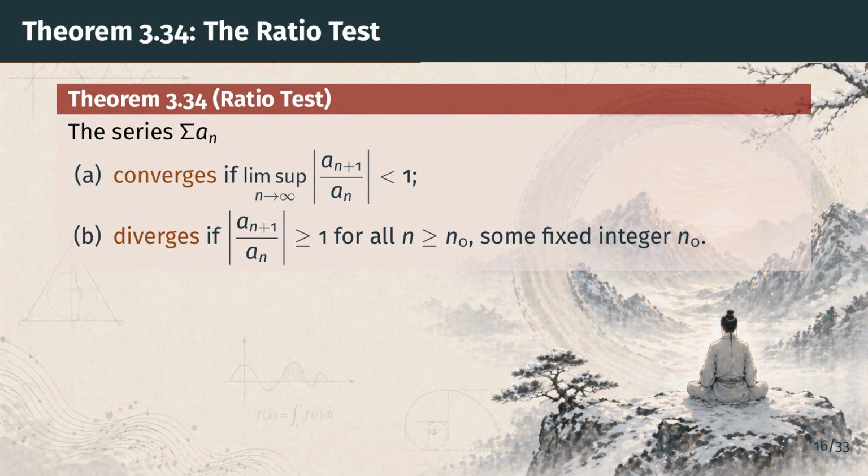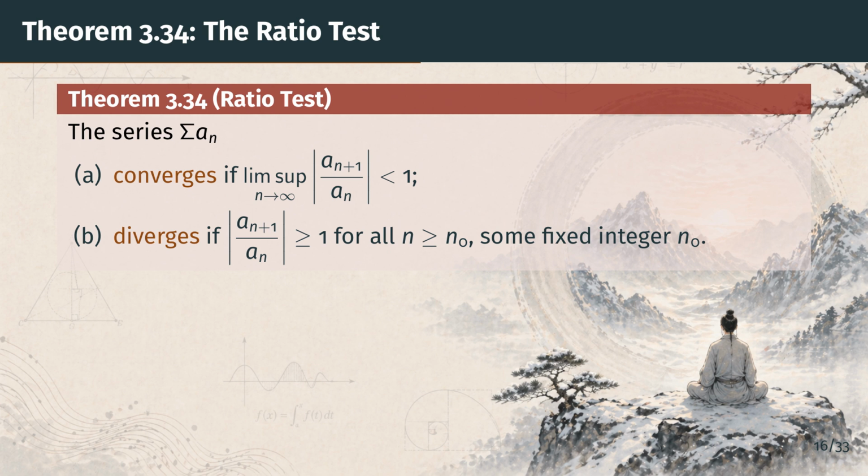Next, the divergence half. And here is the divergence half. The series diverges if the absolute value of the ratio is at least 1 for every n, beyond some fixed index n sub 0. Note the asymmetry with the convergence half. For convergence, we use the upper limit being below 1. For divergence, we demand that every ratio from some point on is at least 1.